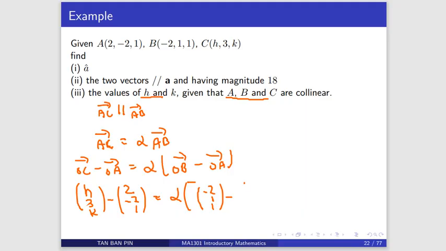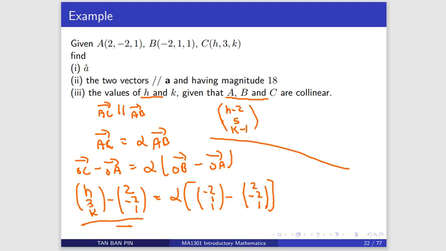Then OA is (2, -2, 1). So we can say (h minus 2, 5, k minus 1). You simplify this part, it will give you (h minus 2, 5, k minus 1) equal to alpha times the simplified result, which gives you (-4, 3, 0).